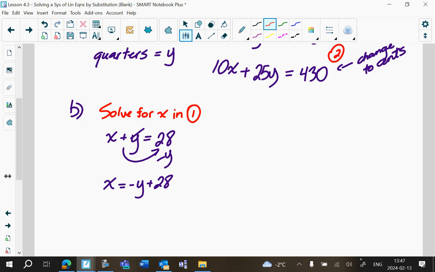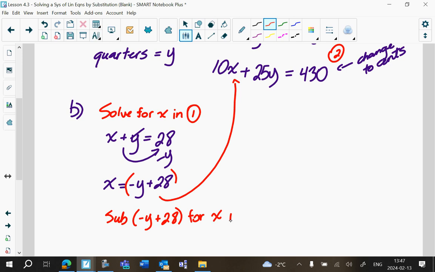We got to take this and do where and put it where? Into the second equation for which one? For x, right? So we got to take this and we're going to put it in there. So we're going to substitute negative y plus 28 for x in number 2, and that's going to allow us to solve for y.